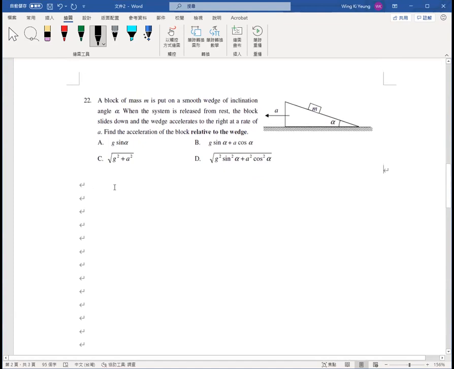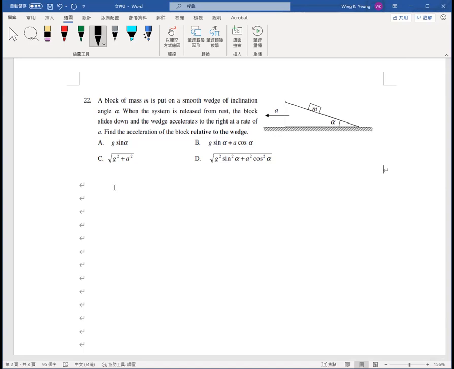The block M is put on a smooth wedge. At this moment, the wedge is accelerating to the right at the acceleration a. Find the acceleration of the block relative to the wedge.